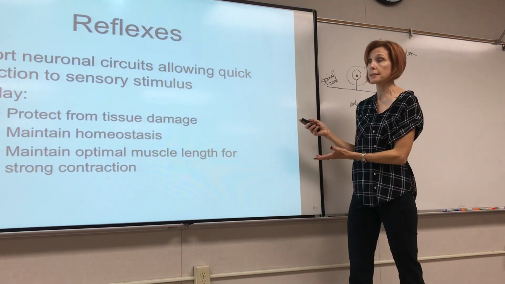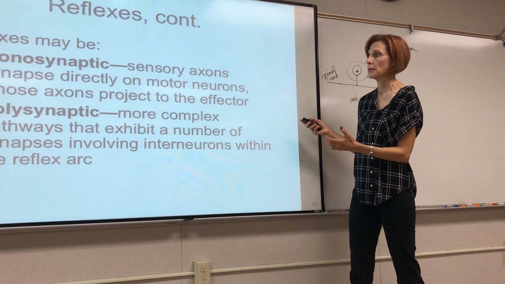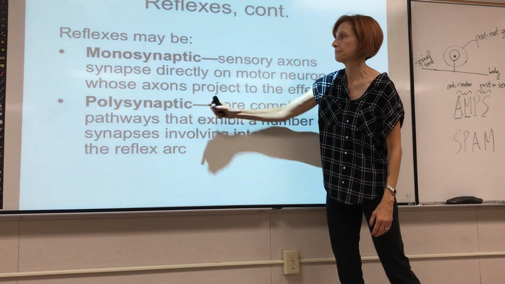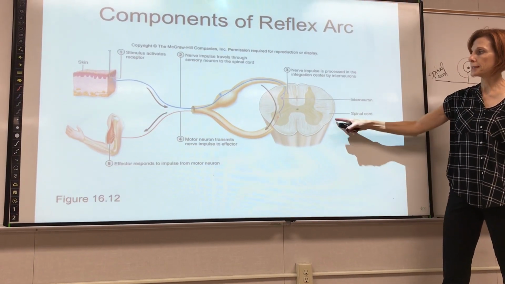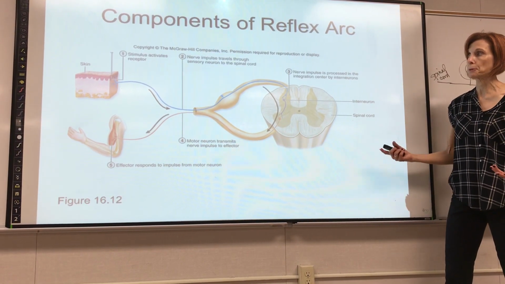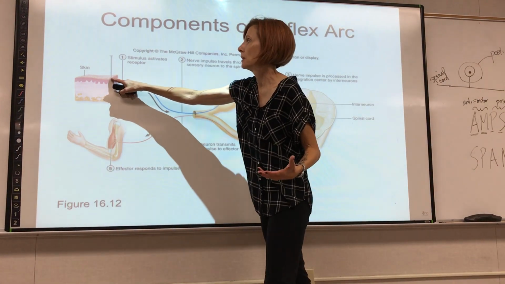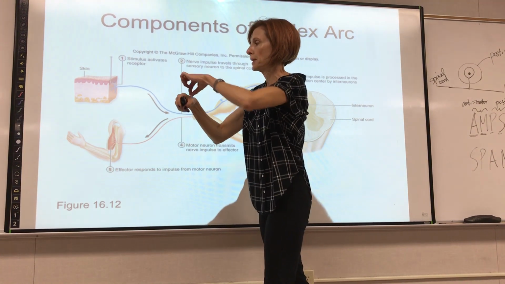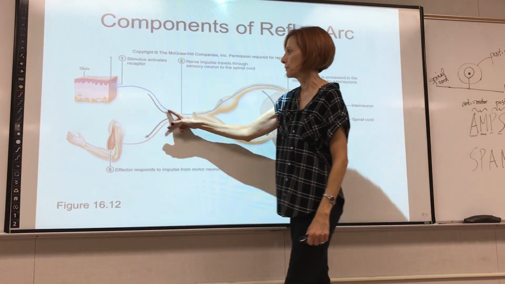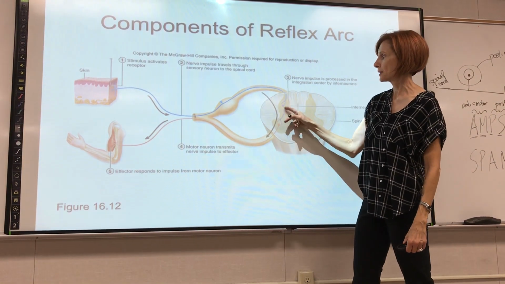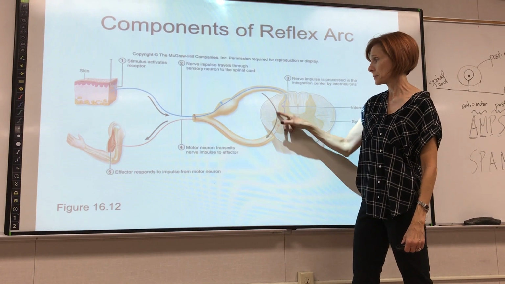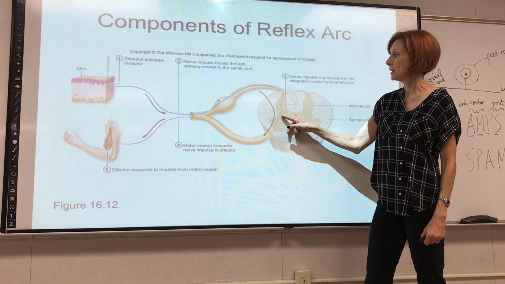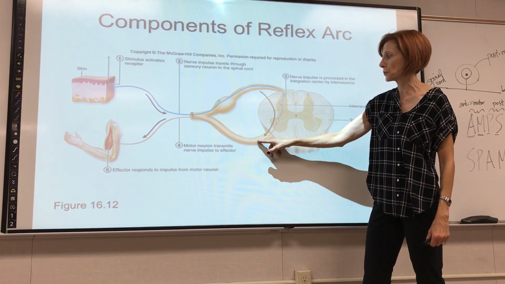So the reflexes have different functions. They can involve just one synapse or more than one synapse. Okay, so this is an example of a reflex that helps protect us from tissue damage. Pain receptors respond to like a pin in the skin. That information comes in on a sensory neuron. Notice there is a synapse, an extra neuron here in the spinal cord, a little interneuron that connects that sensory neuron to a motor neuron.